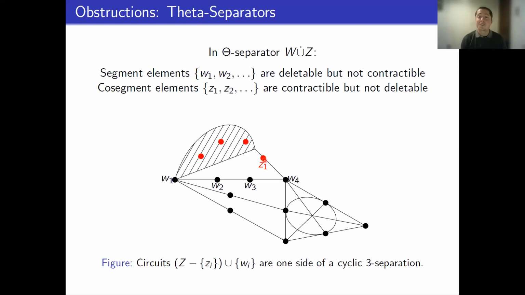They are contractible because of the dual notion of that observation we made, that on lines you can delete elements. The dual notion is you contract elements from co-segments, and that's fine. So it's the non-deletability that stops the Zs being elastic, and it's the non-contractibility that stops the Ws from being elastic.